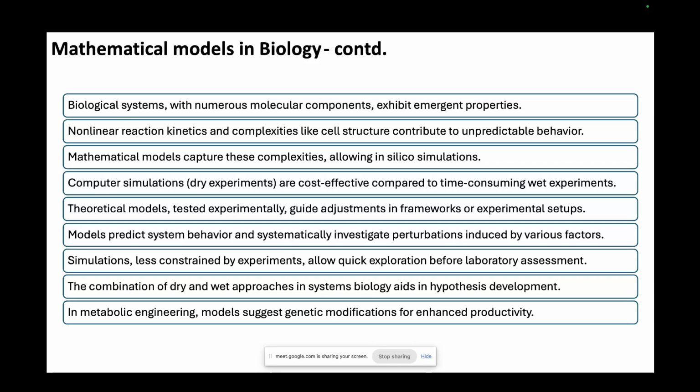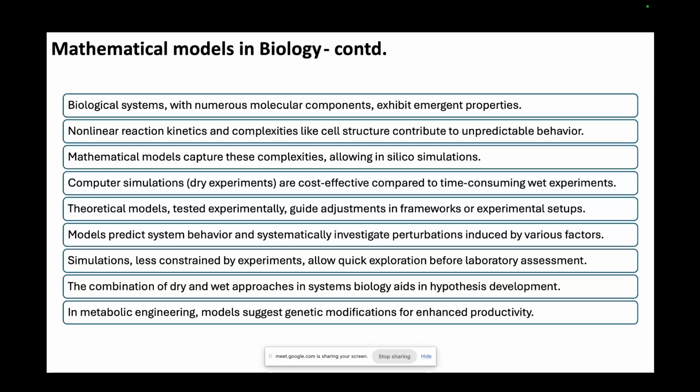wet lab setup. So if we have a certain idea in our mind, maybe we want to check if a particular pathway is involved in a disease or not, first we try to simulate that assumption in a mathematical model. If we get encouraging results, we try to replicate that in a wet lab system.